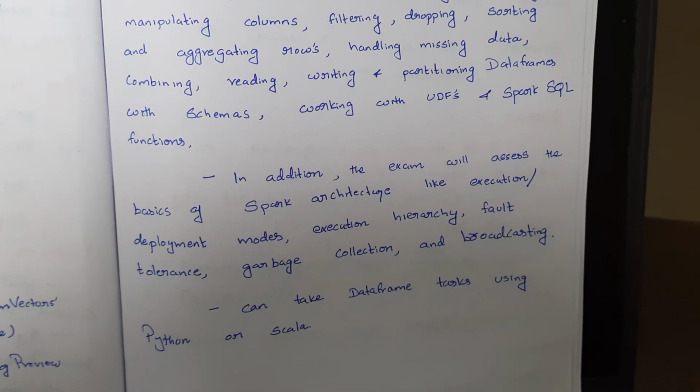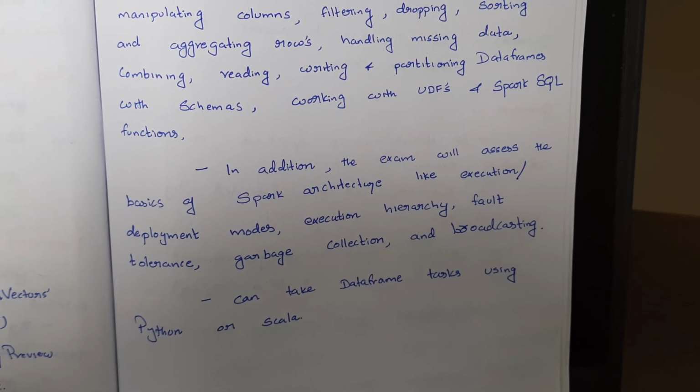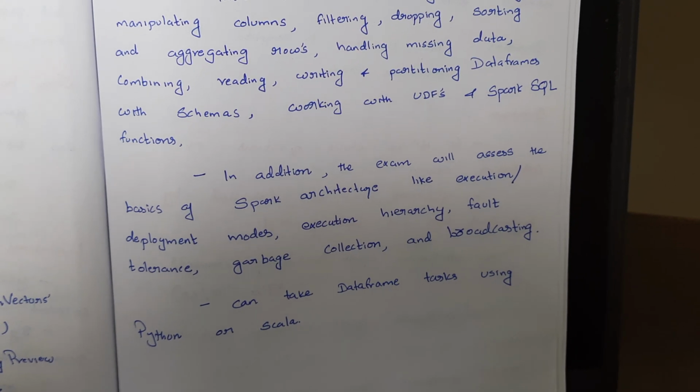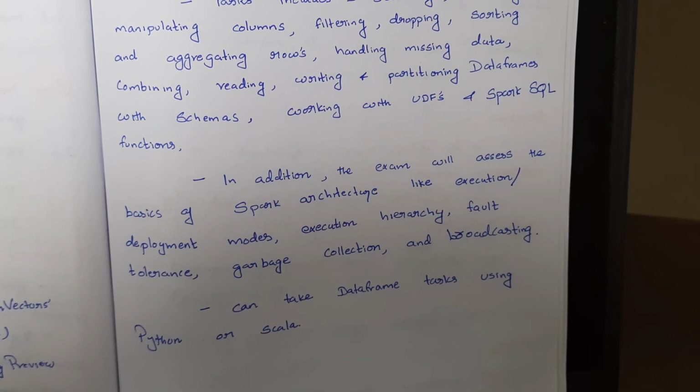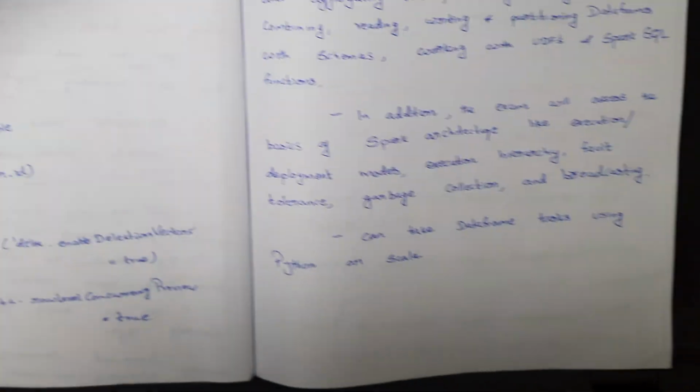In addition, the exam assesses the basics of Spark architecture like execution deployment modes, execution hierarchy, fault tolerance, garbage collection, and broadcasting. You can take this exam in Python or Scala, whichever you are familiar with.